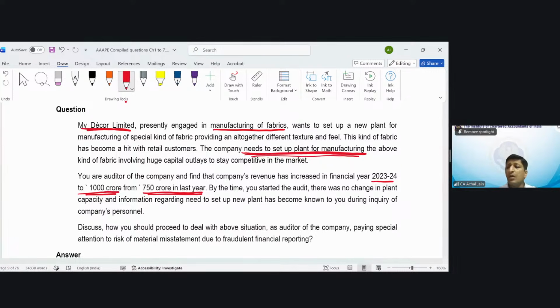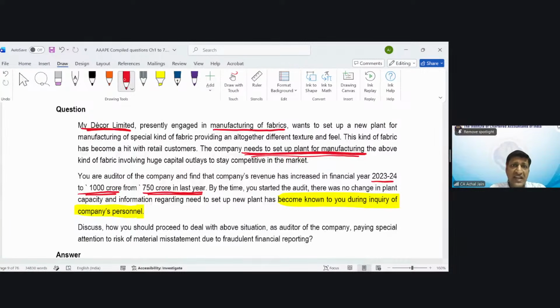Now, when you get to know about the situation, it has become known to you during the inquiry. But now you have some information available which you didn't know earlier. So the question arises, how should you proceed to deal with our situation, paying special attention to the risk of material misstatement due to fraudulent financial reporting?